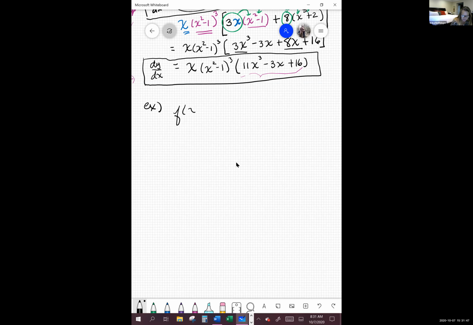We have it in terms of t. f of x is equal to 2x plus 3, that whole quantity cubed, and then all over 4x squared minus 1.